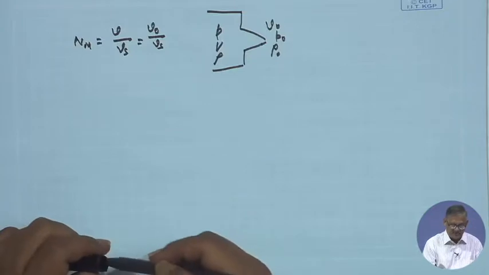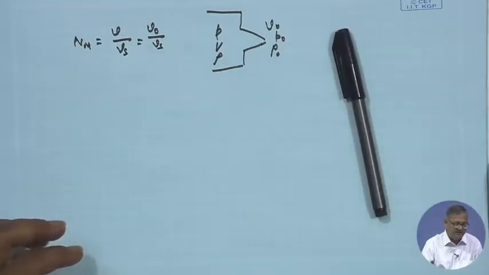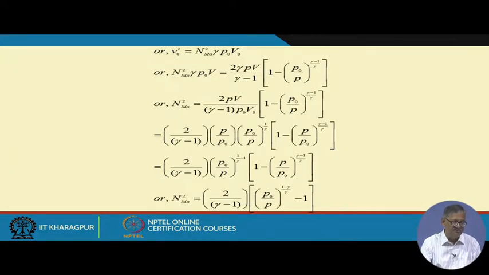From there we also wrote that the velocity at the tip is V0 equal to Mach number times under root gamma P0 V0, assuming that the flow is occurring at the tip of the nozzle. This we finished in the previous class, and that is a recapitulation.